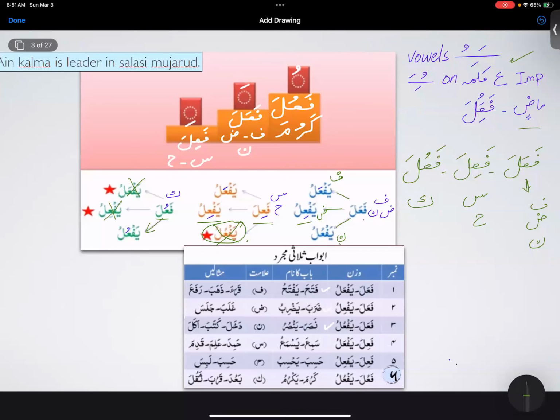How many clans do we have? 6. So we have 3 from here, 2 from here, and then 1 from here. That makes 6. What do these stars mean? Stars mean negative, they didn't exist.